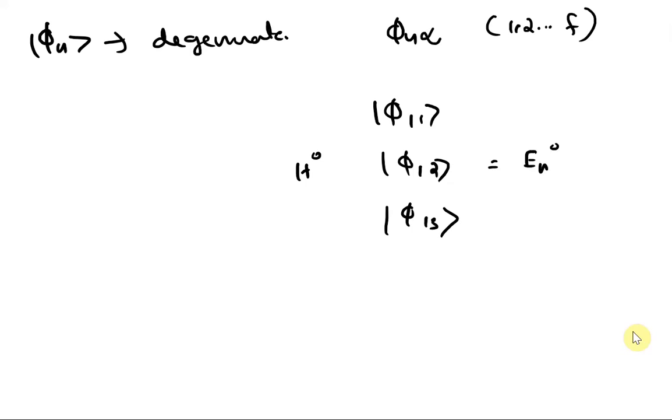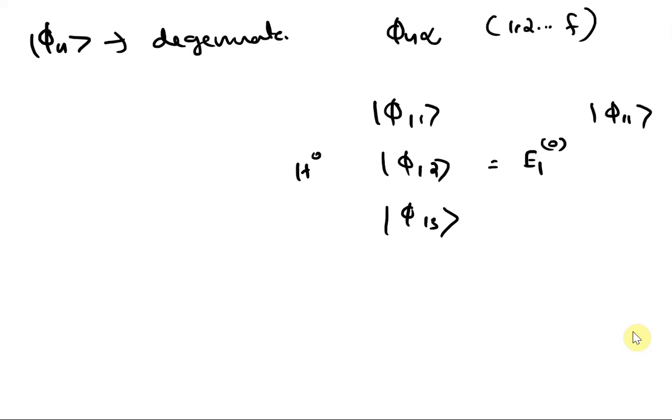Even if you can write 0, let me write it as en0. When it acts on this state, it will produce en0 into phi 1.